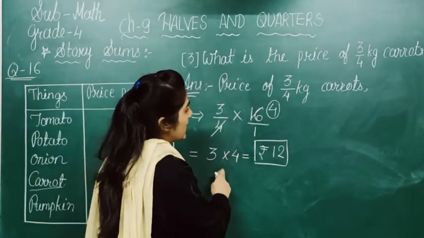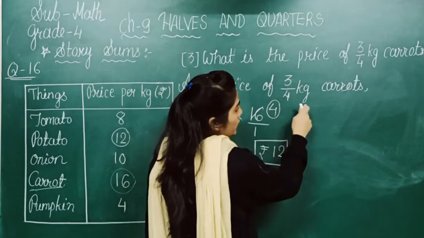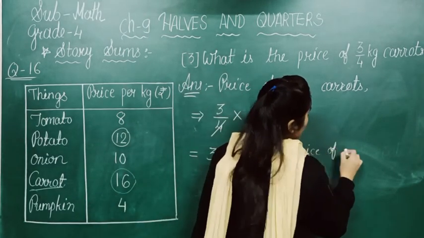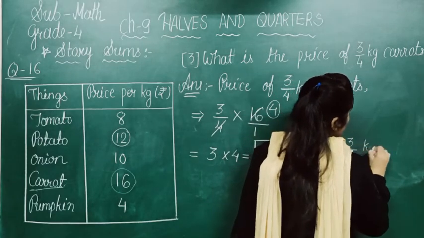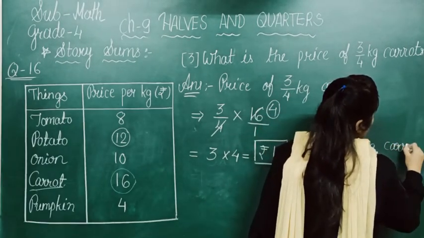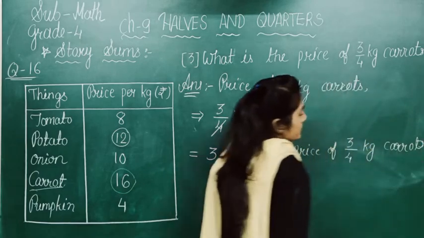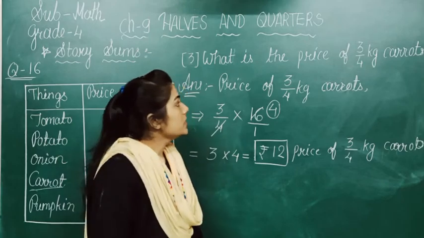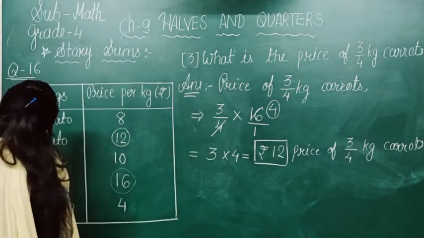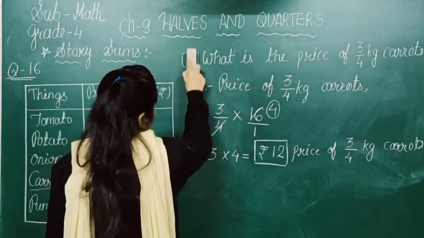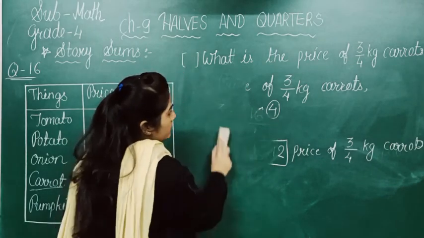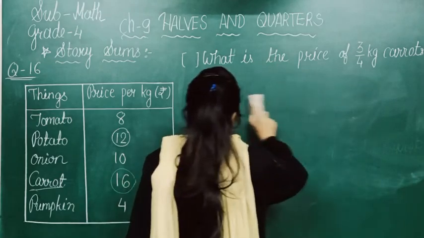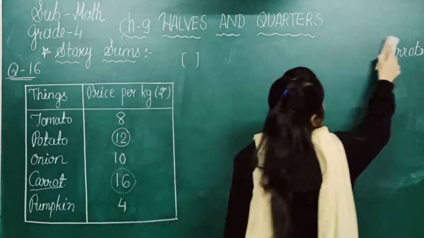So we are getting this answer, 12 rupees, the price of 3/4 kg carrots. All the questions are very easy and the method is the same. Now we are moving further to question number 4. Within these 2 steps you can finish all the story sums.